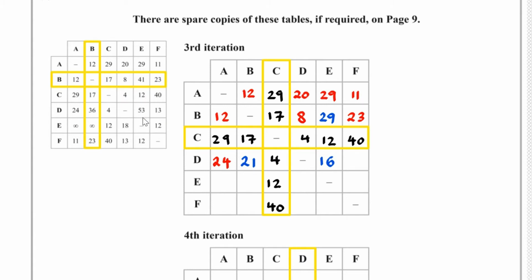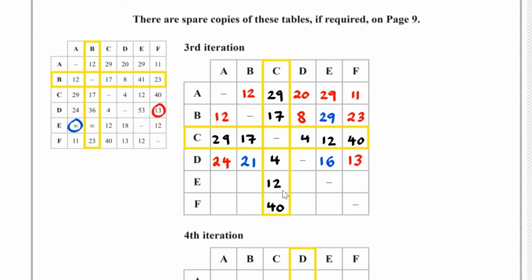Then we compare the 4 plus 40 with the 13. The 13 is smaller, so that stays as it is. Next, we compare 29 plus 12 with infinity.